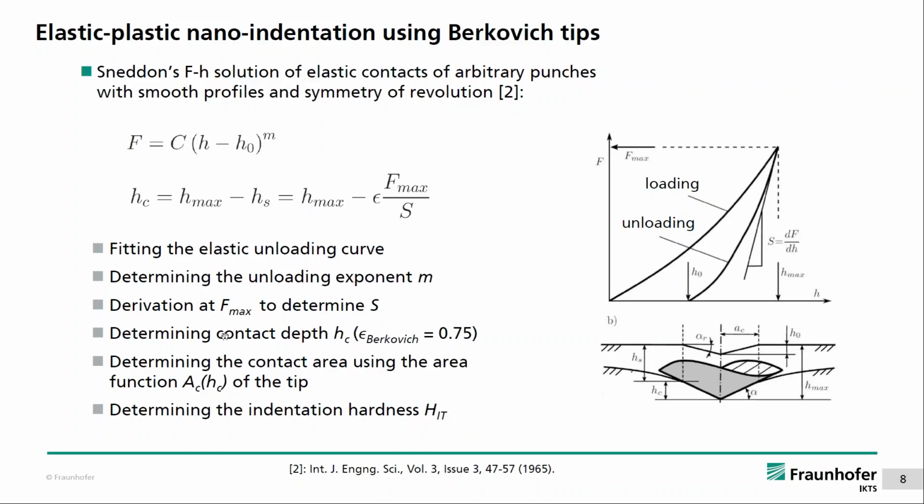And from this contact depth, you can determine via the so-called area function, which is a function of the contact area, A_C, over the contact depth, the contact area, which is the area exactly here, which is then also the area of the imprint. And if you then have this area and the contact depth, you can first determine the hardness, because hardness is only maximum contact force over contact area. So you directly derive the hardness.